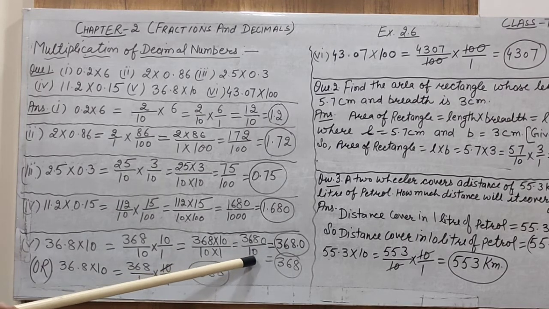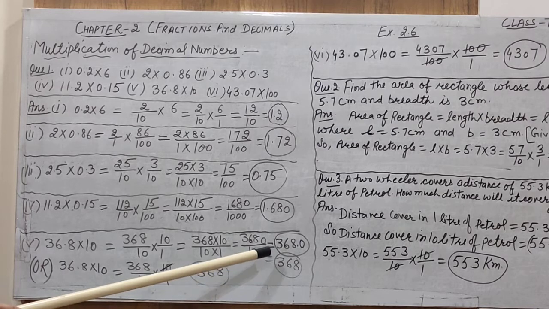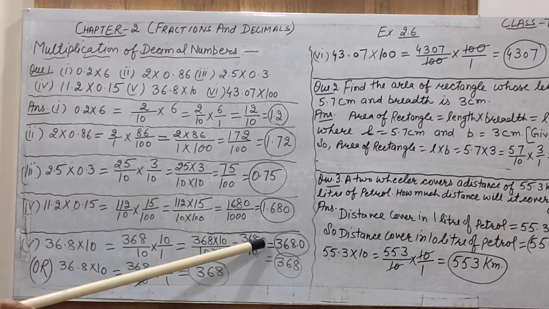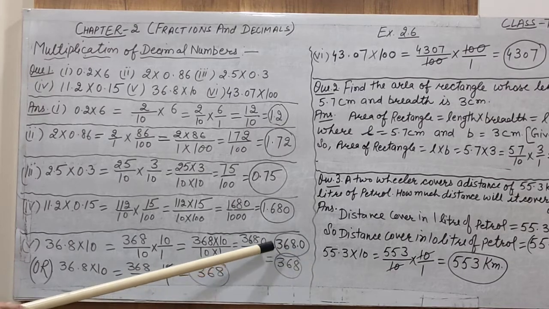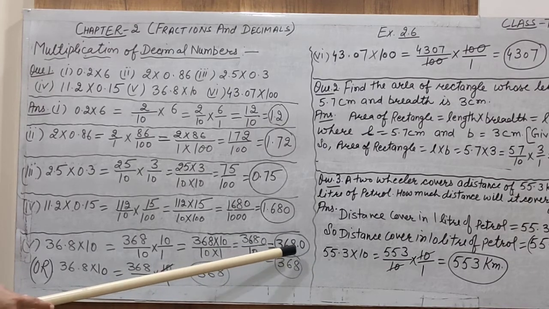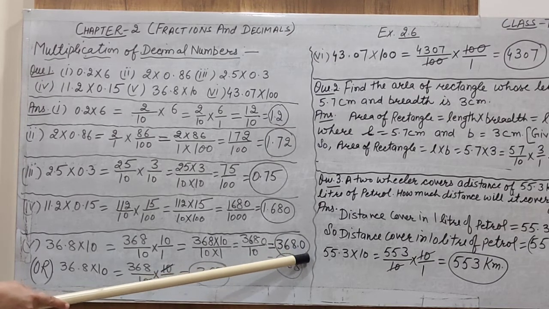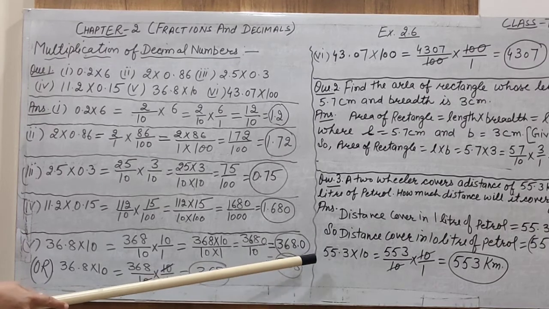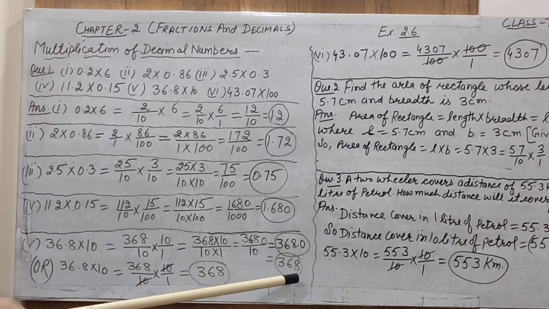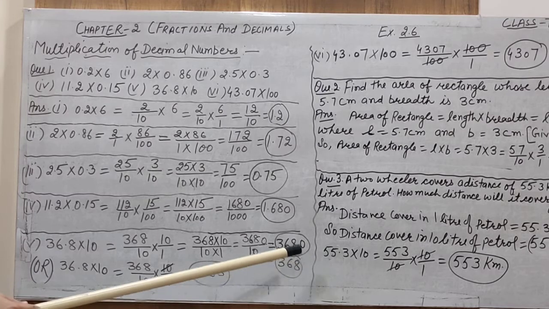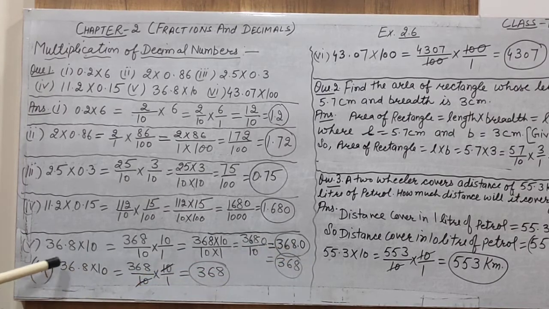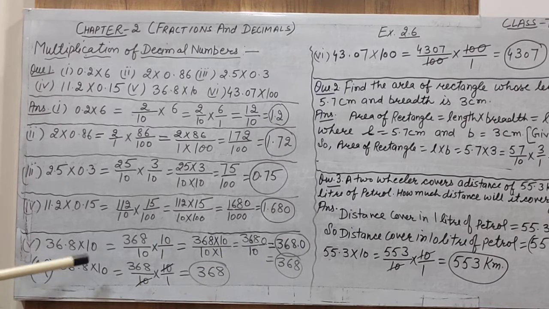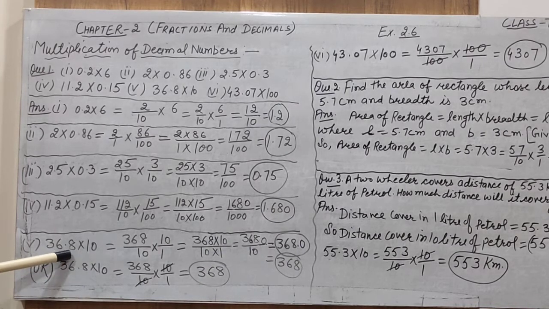Now as there is only one zero in the denominator, so you have to leave one digit counting from right hand side, and that is 0, and place a decimal. So we get result is 368.0, and after decimal, 0 does not affect the number. We can also write 368 in place of 368.0.